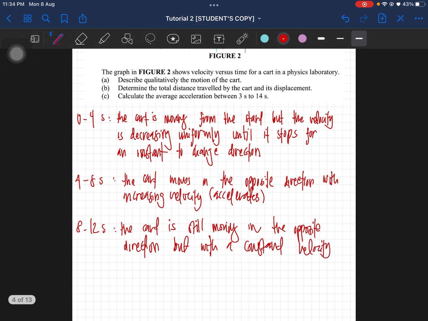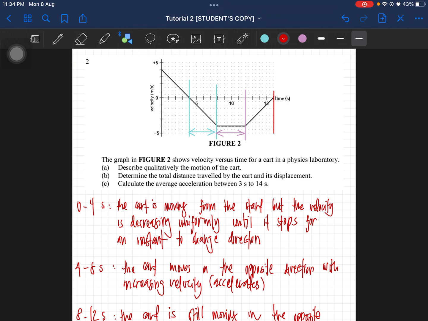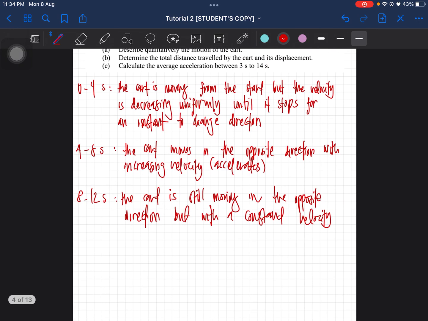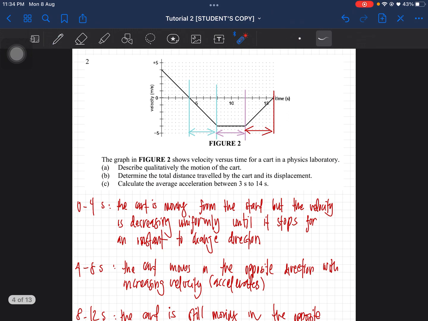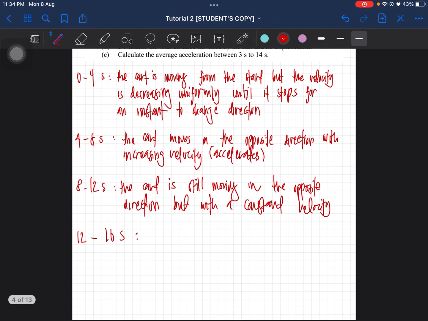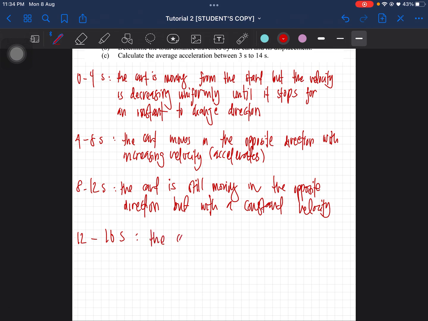Next, from 12 to 16 seconds, we can see that the cart is decreasing in velocity. It goes from 4 to 0 meters per second. So the cart moves in the opposite direction because it is going from a negative value to a positive value, which is 0.